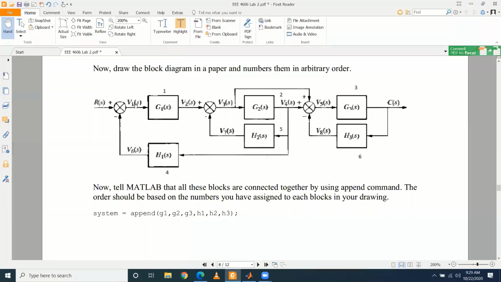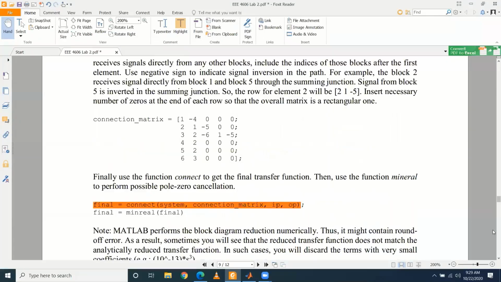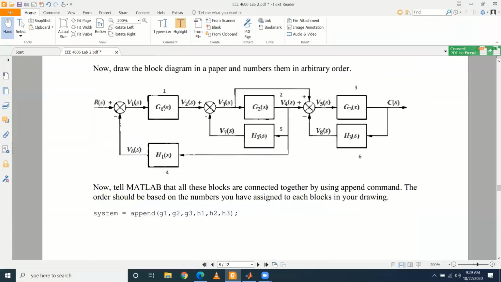That's a good answer. But the thing is, we already defined the input signal previously, right? Yes, sir. So for the connection matrix, you don't have to count the input or the output. So in that case, how many signals are entering block 1? Only 1, and it's coming from block 4, right?